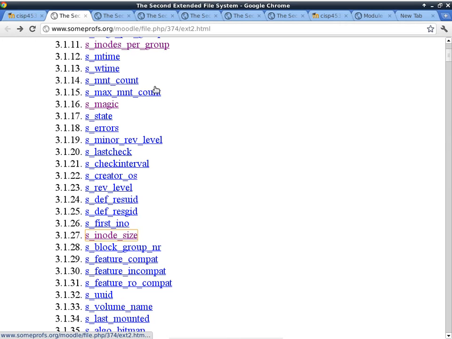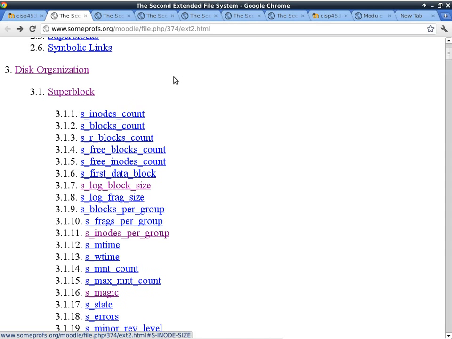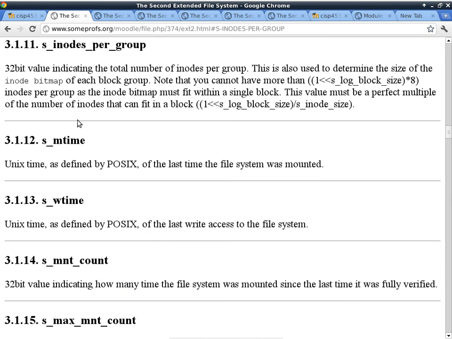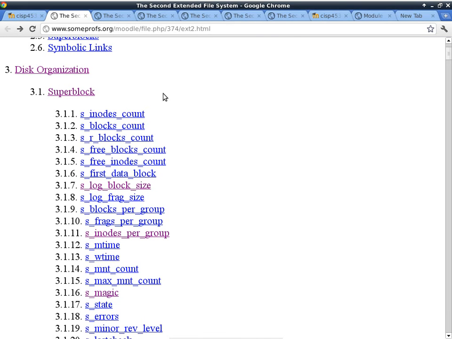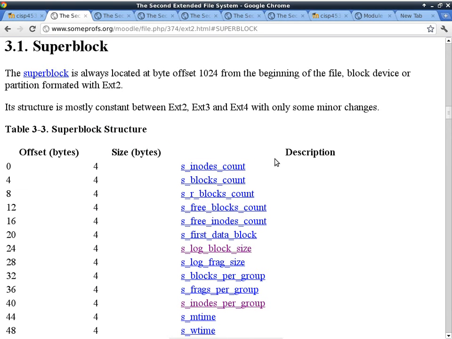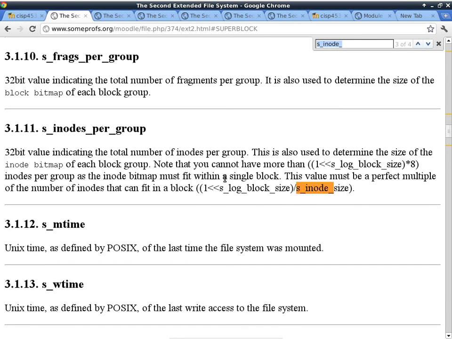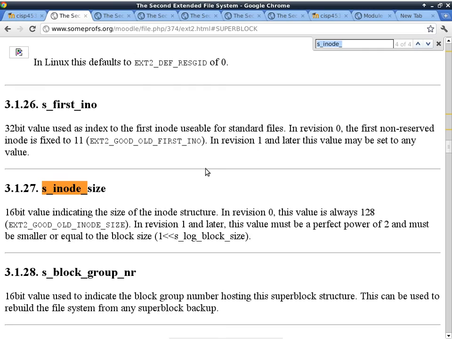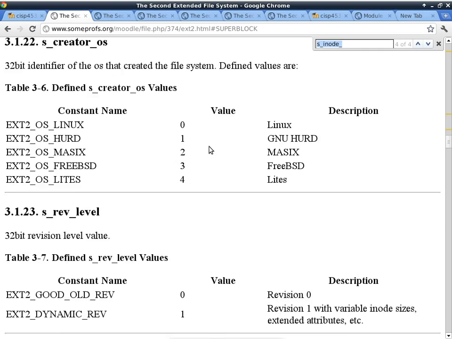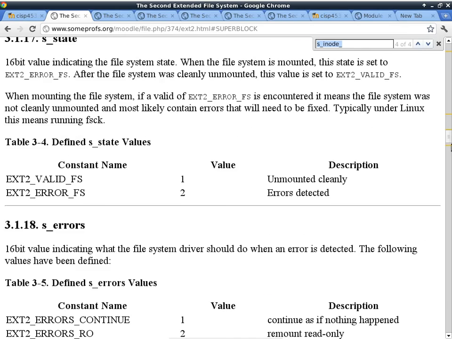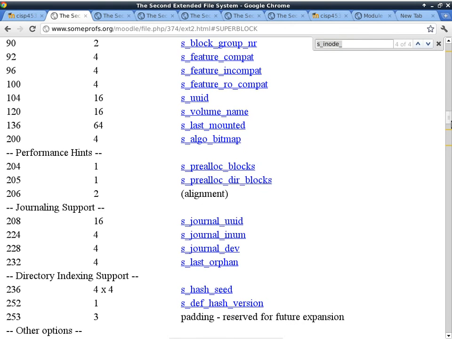But first of all, let's go back to the dump here and find out what this number is. This doesn't tell me the offset. I think the offset is discussed here. How come I cannot find it?